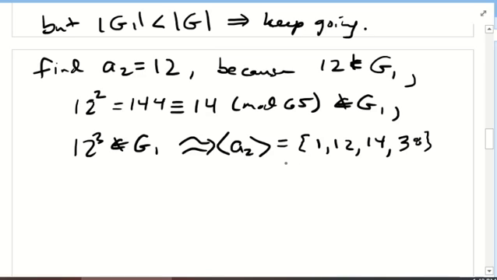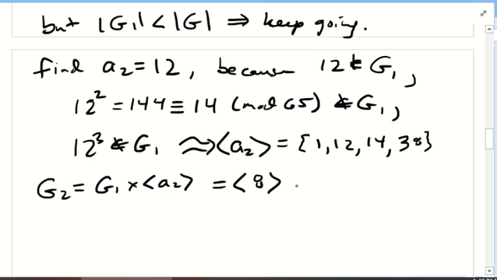Okay, so this here is the next subgroup, but then G2 would then be G1 plus this A2. So let's remember what G1 was. It was the subgroup generated by 8, subgroup generated by 12 is the other one. We see that then order of G2 is the order of G, so we stop.